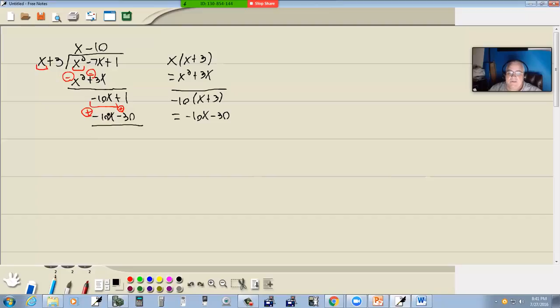Negative 10x plus 10x drops away. 1 plus 30 is 31. Now, the degree of this 31 is 0. Degree is the largest power of x. The degree of x plus 3 is 1. When the degree of whatever you have down here is less than what you're dividing by, this is always a remainder, no matter what it looks like. So we'll take our remainder and put it over what we're dividing by, and that would be our answer.